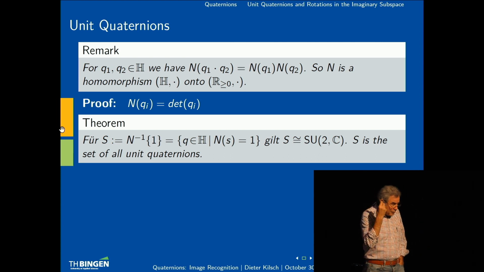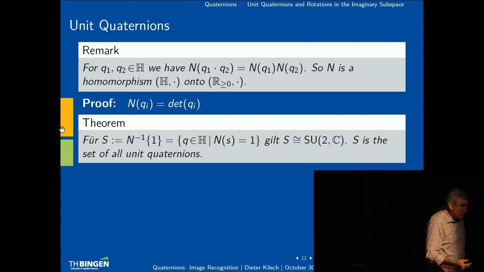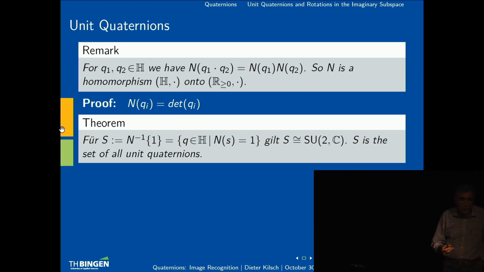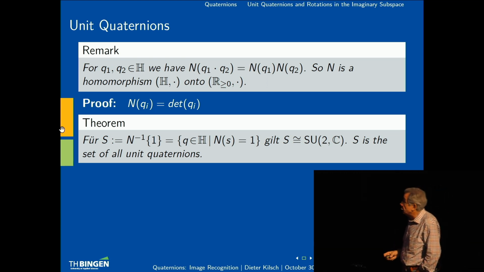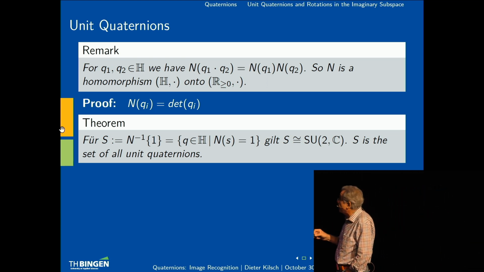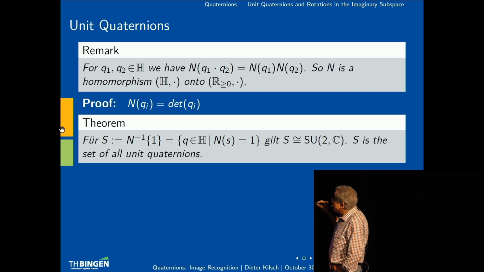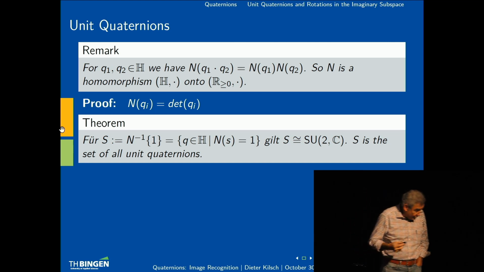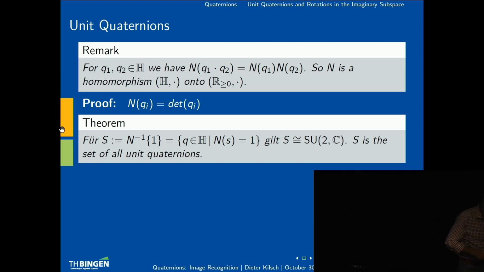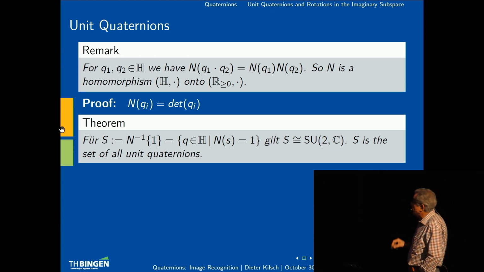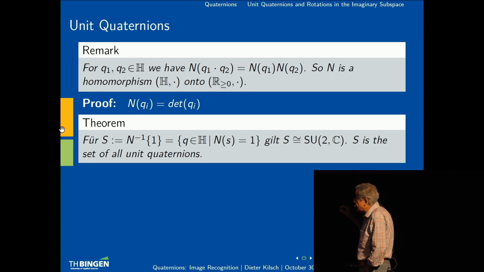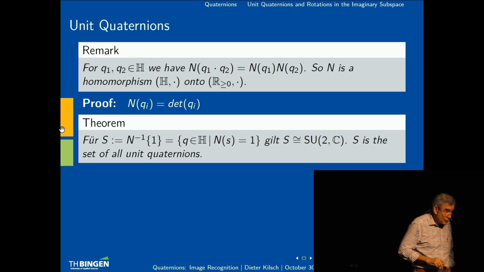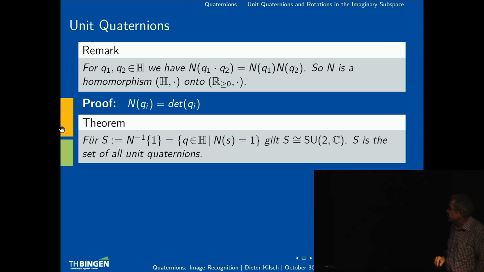This means if you multiply 2 of them with each other, you again get a unit quaternion, a quaternion of norm 1. And if you compare this definition of the unit quaternions with the origin of the Hamiltonians coming from the matrices, you realize that it's exactly the special unitary group of 2 by 2 matrices.